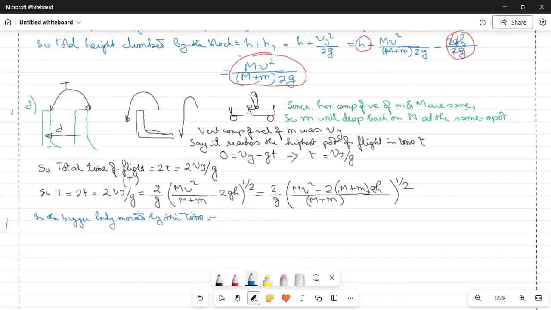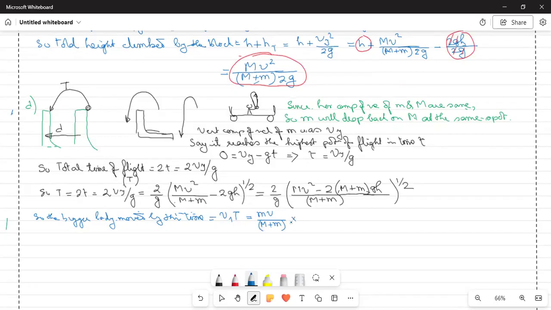It has moved by its velocity v1 multiplied by capital T. v1 we have already found at the very beginning: small m v divided by capital M plus small m.